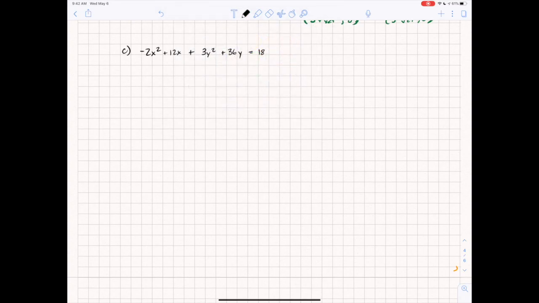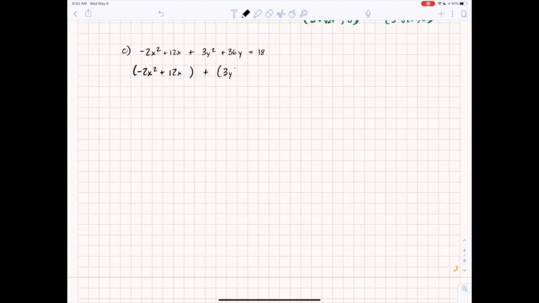For this one, I'm going to take a sip of coffee real fast. All right, and let's go through and group these. I've got multiple x's and multiple y's, so I'm going to group them together. It's going to be my first step here.